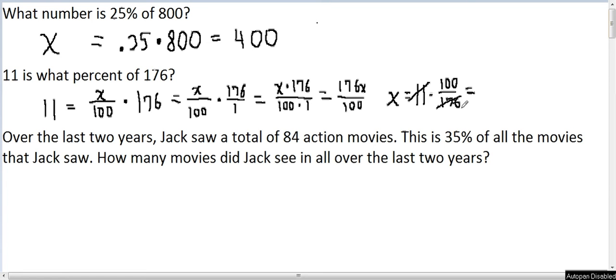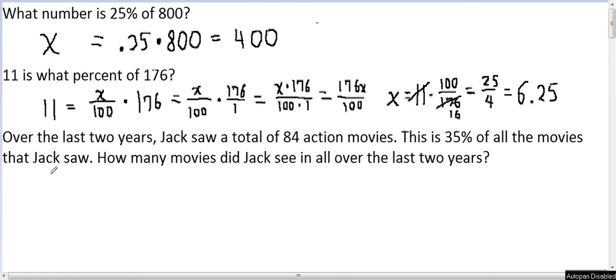When we do, we end up with 16 in the denominator. 100 and 16 both are divisible by 4, so when we divide both of the numbers by 4, we get 25 over 4. When we carry out this division, we get 6.25. So 11 is 6.25% of 176.